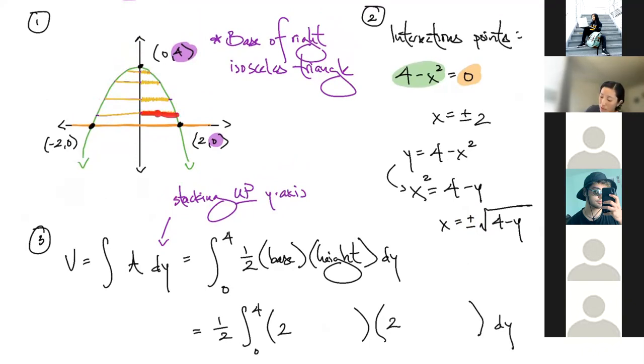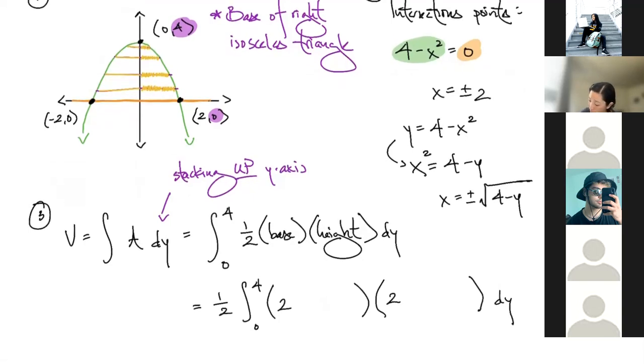If I want to choose this distance right here, I'm going to say that distance is the square root of 4 minus y. So this is the square root of 4 minus y, and then I double it to find the whole thing. That's where I get square root of 4 minus y times 2.